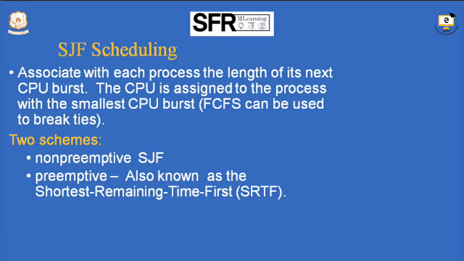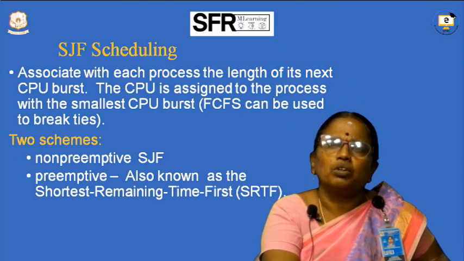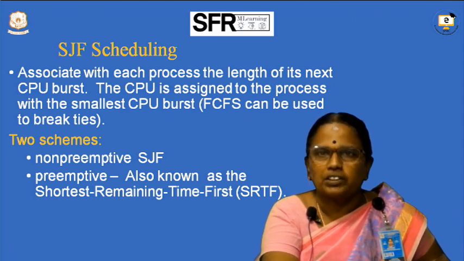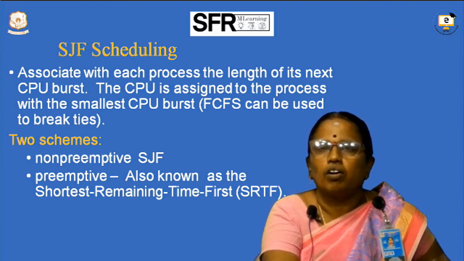And now coming to SJF. SJF stands for shortest job first scheduling. Here we have two schemes: non-preemptive SJF and preemptive SJF. In non-preemptive SJF, we order the processes by CPU burst time.